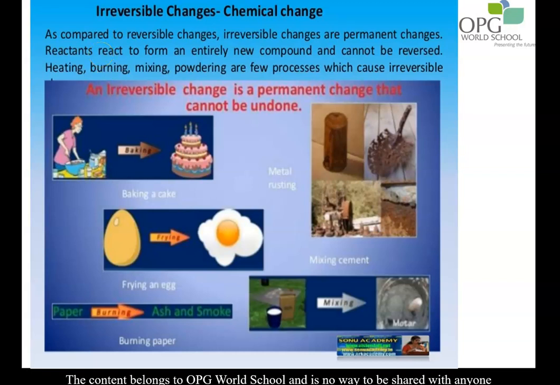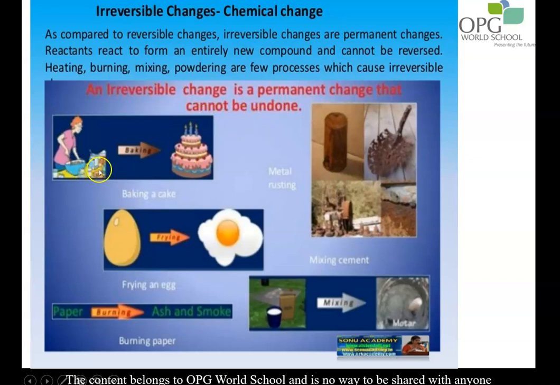That cannot form the original substance back. Even when we powder something, like if we powder the wood into sawdust, we cannot get the log of wood back from the sawdust. So such changes are called the irreversible changes. That means they cannot be undone.